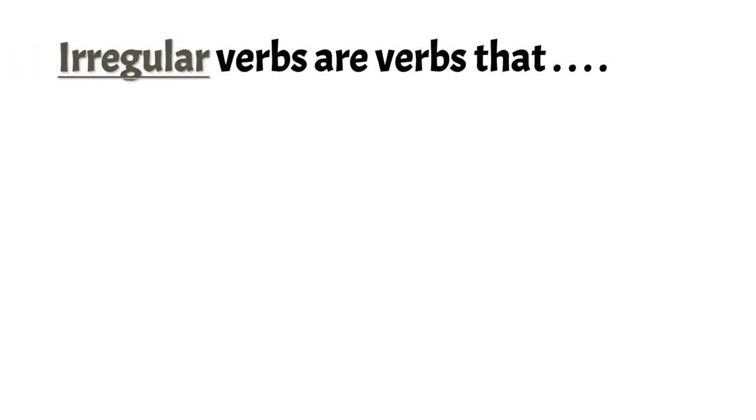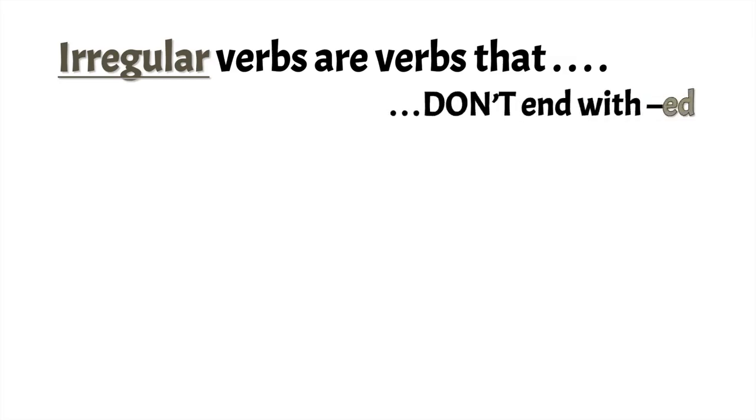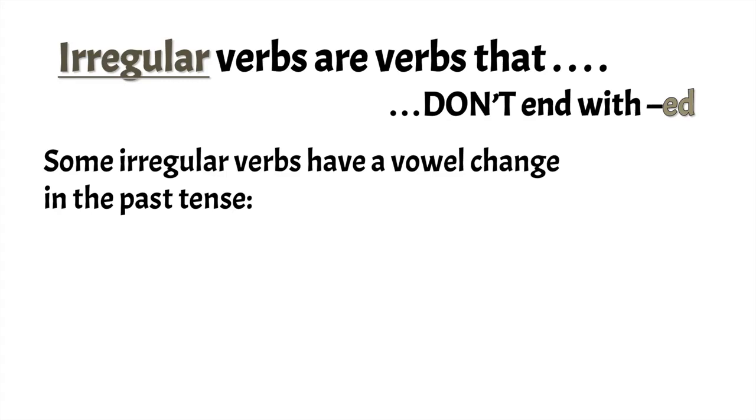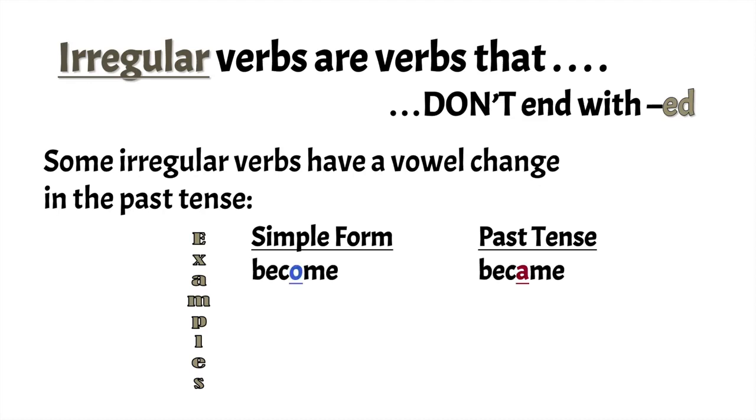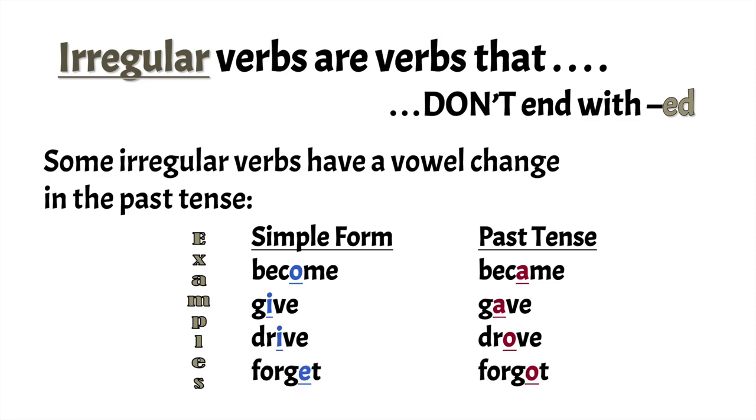So irregular verbs are verbs that don't end with ed. Some irregular verbs have a vowel change in the past tense. For example, become, became, give, gave, drive, drove, forget, forgot.